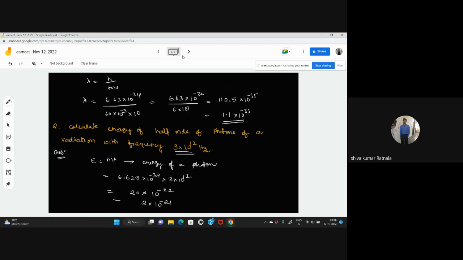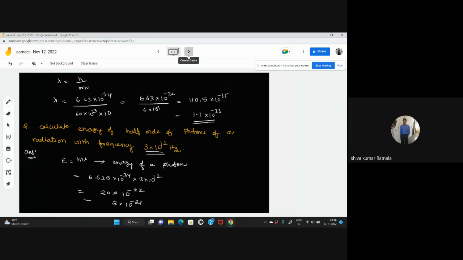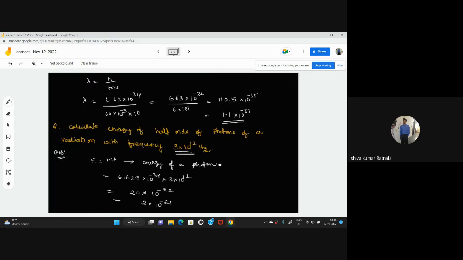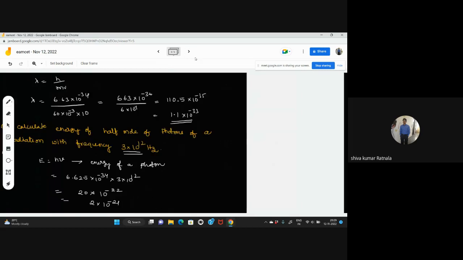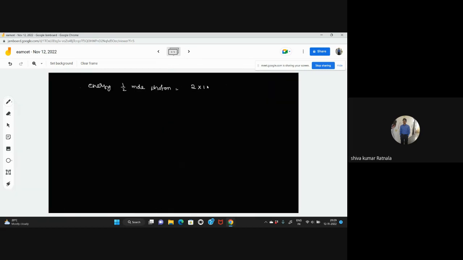This is the energy of a photon. Now he is asking the energy of half mole, no? So half mole of photons, that will be what? 1 photon energy is how much? 2 into 10 to the power of minus 21, no? Into Avogadro number, that will be 6.023 into 10 to the power of 23 by 2.